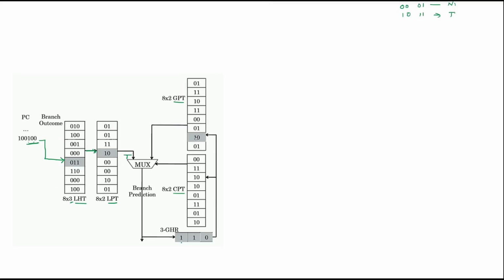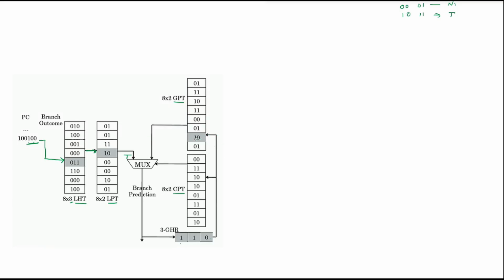Now we take the GHR, the global history register. The value is 1110, so the last bits 110 go to this part of the global prediction table.